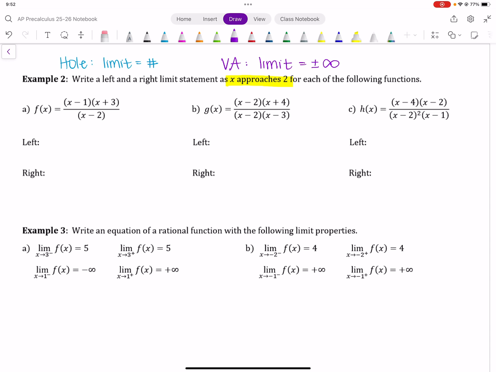So for example A, our limit of f of x as x approaches 2 from the left, so we need our little negative exponent. If we look at our function to figure out what's going on at 2, we can see that we have a factor of x minus 2 in the denominator only, meaning we have a vertical asymptote.